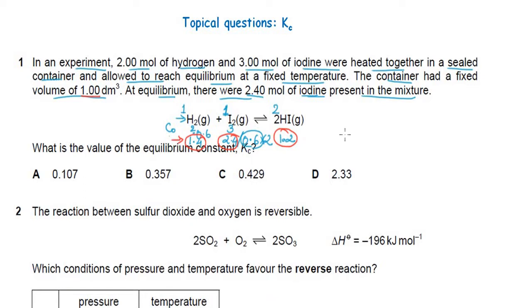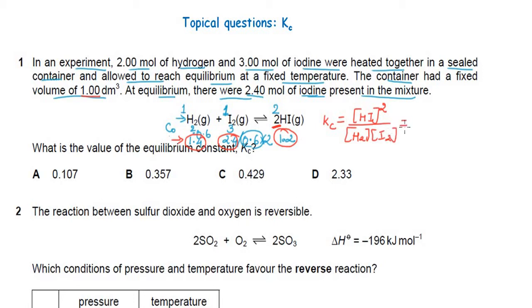So let's substitute all these values in the Kc expression. But before that, let's write the Kc expression. The concentration of hydrogen iodide should be raised to the power of 2, as we have the mole ratio 2 here, divided by the concentration of hydrogen and the concentration of iodine.